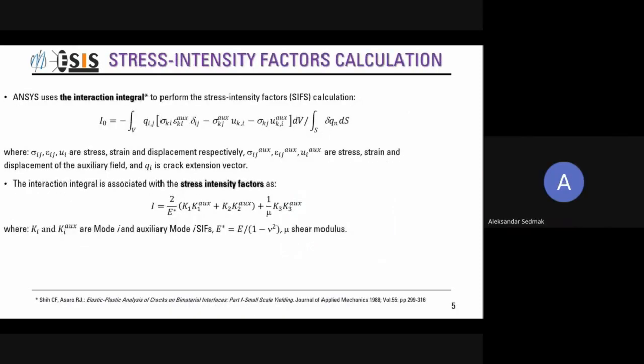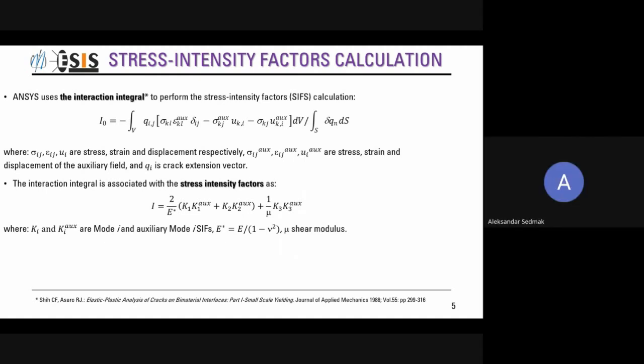Here, just the basic equations that are used along the way, how actually the interaction integral, based on, of course, the J integral, is used in linear elasticity to calculate stress intensity factors, and you can see some expressions.